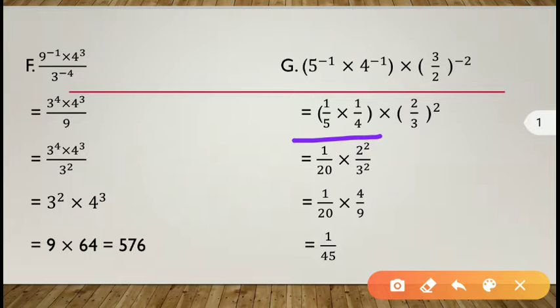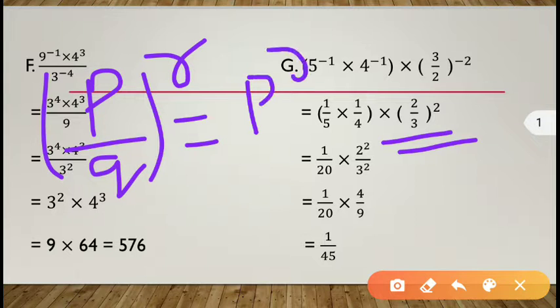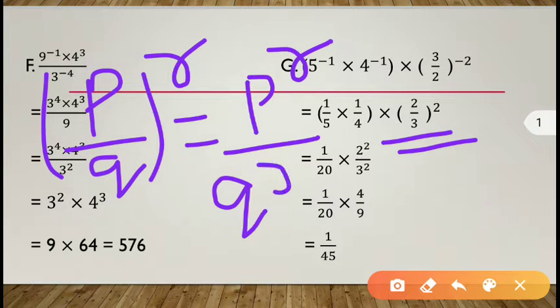Now solve this bracket. How will you solve? Multiply the numerator, multiply the denominator. In the numerator, when you multiply, you will get 1. And in the denominator, when you multiply, you will get 20. And the next term is in the form of p by q to the power r. So what is the law? P to the power r upon q to the power r.